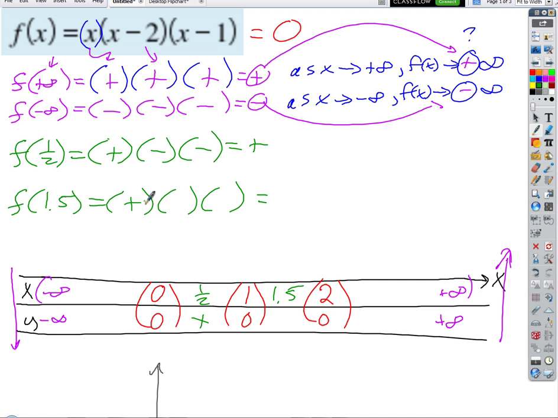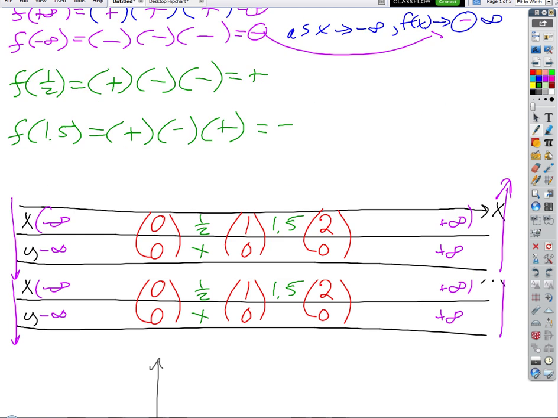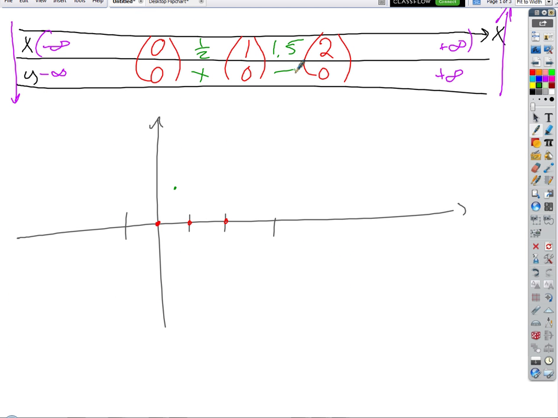Positive or negative outcome? Negative is correct. 1.5 minus 1. Positive. So that's going to give me what kind of sign? Negative. So if I go down here, that means that's negative, and I'm going to get a point in between. And so now I just got to put the pieces of the puzzle together. It's pretty simple, though, from this point.